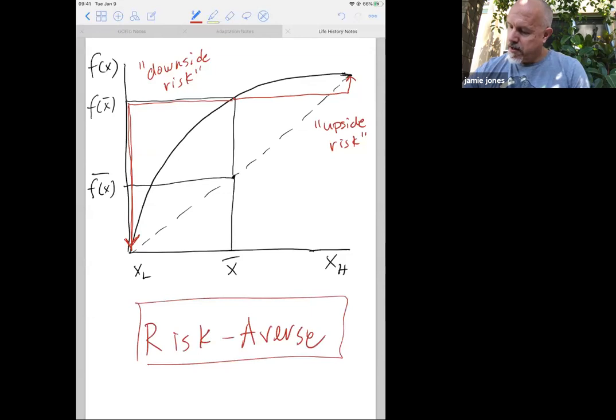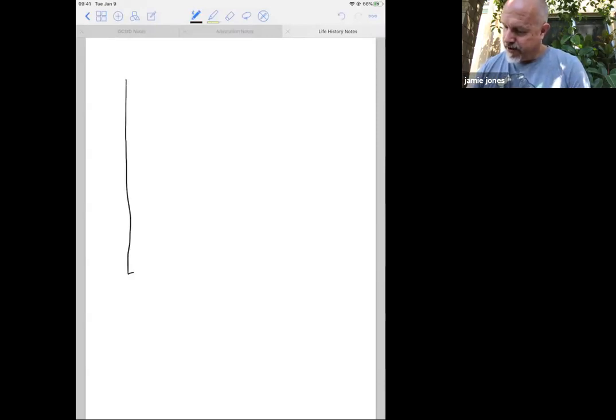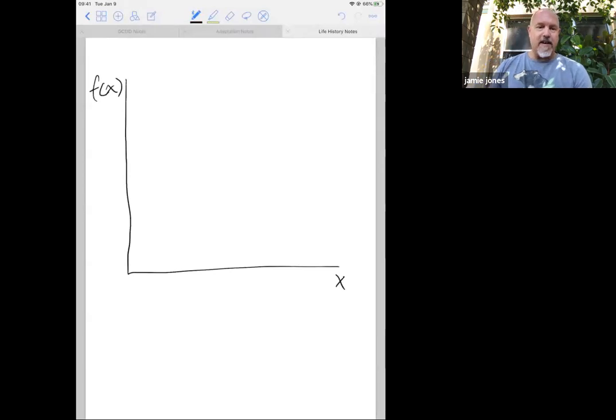We've seen that variance is generally bad for mean fitness, because that second term in our expansion is negative, so variance drags down the mean fitness from the fitness of the mean outcome. And we've seen that this leads to risk aversion. Now we're going to look at what we call the risk premium.